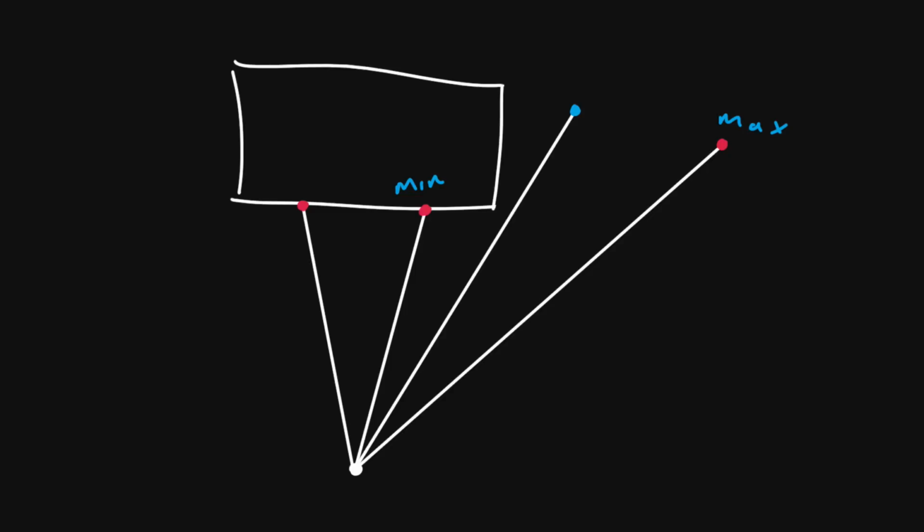Let's say that one also misses the obstacle. Now we can say that is our new maximum, and the edge is located somewhere between min and max. So once again, we fire a ray right in between the two, and this time let's say it hits the obstacle, so that now becomes the new minimum, and once again we fire a ray out halfway between the min and the max, and as you can see we very quickly sort of narrow down the space and find the edge.